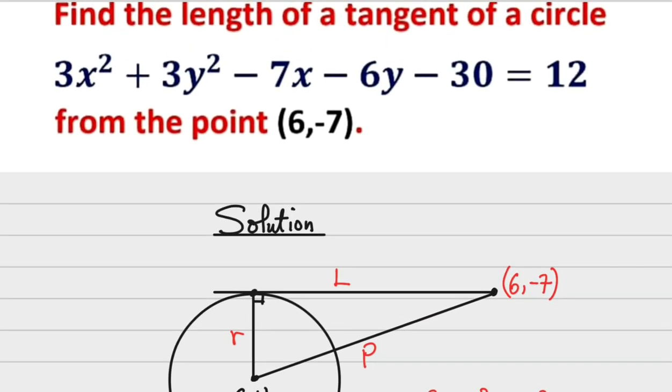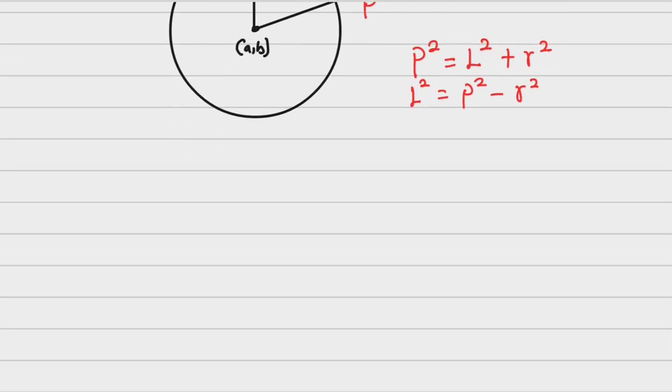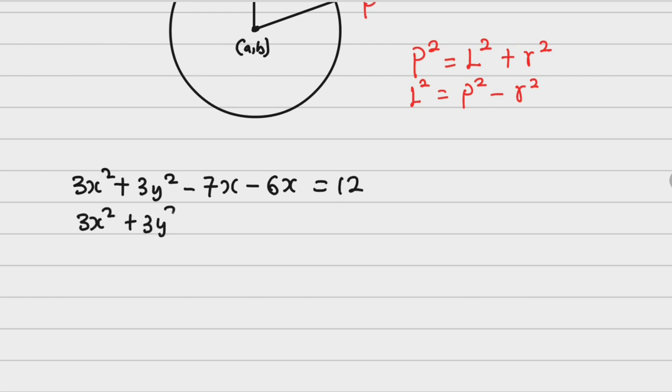Now, we are going to use the equation to do that. Now, the equation is 3x squared plus 3y squared minus 7x minus 6y minus 12 is equals to 0.